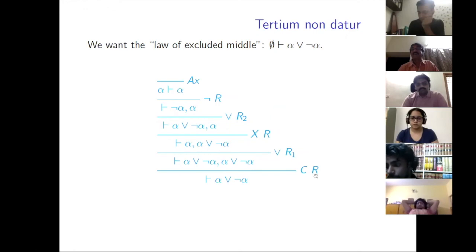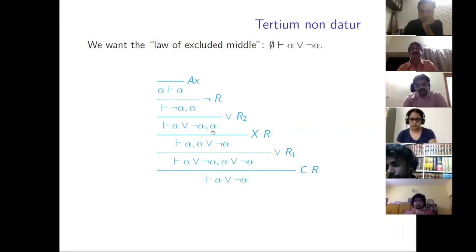Here, I have used the contraction rule. What is the contraction rule? I just make 2 copies. And in the 2 copies, I have used the OR rule to the right. So this is weakening from alpha; I have moved to alpha OR not alpha. And then I use exchange.